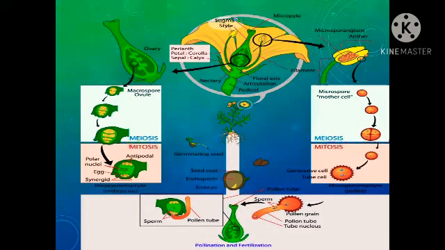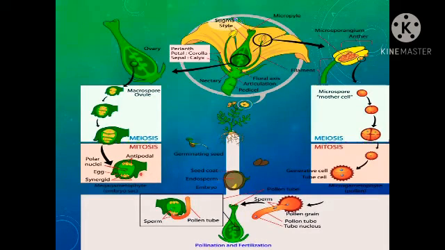Three of these nuclei move to one pole to produce the egg cell and two synergids, and three give rise to antipodal cells, with two nuclei remaining in the center, the polar nuclei, which fuse to form the secondary nucleus. The development of an embryo sac from a megaspore is known as megagametogenesis.